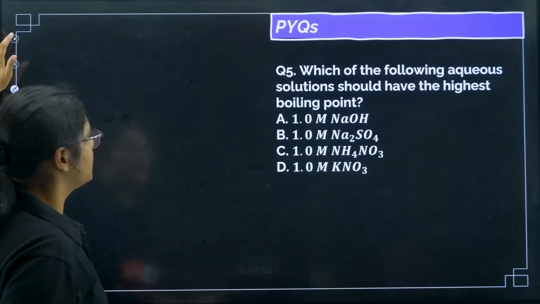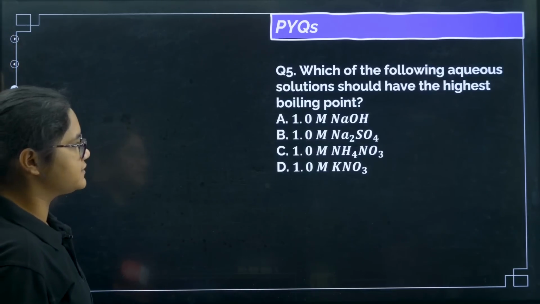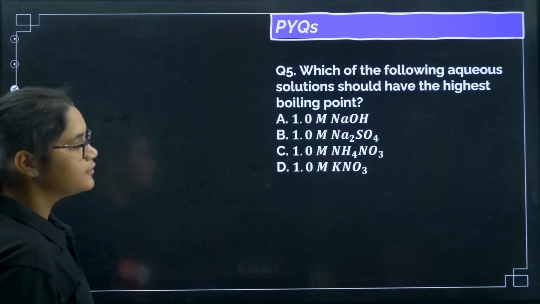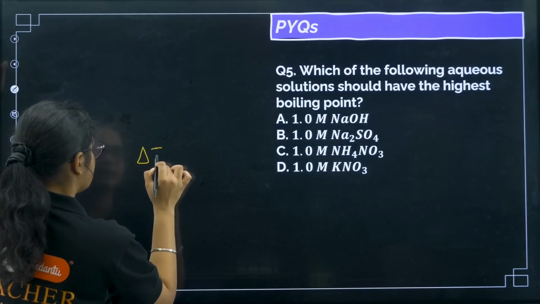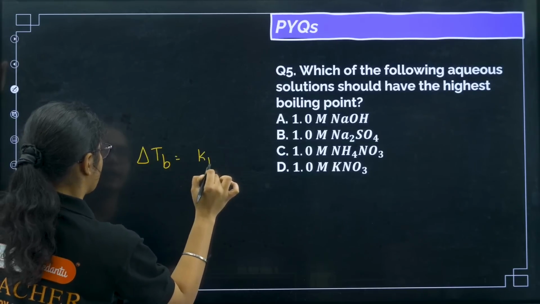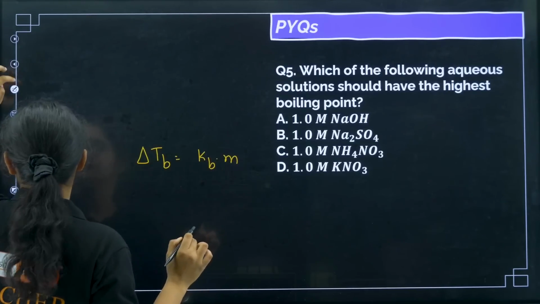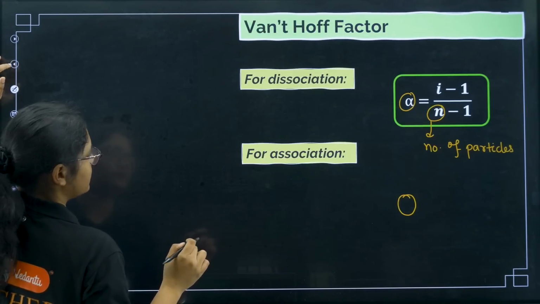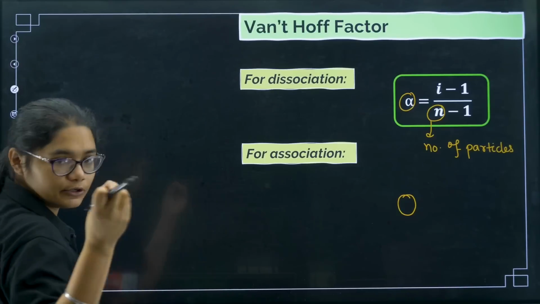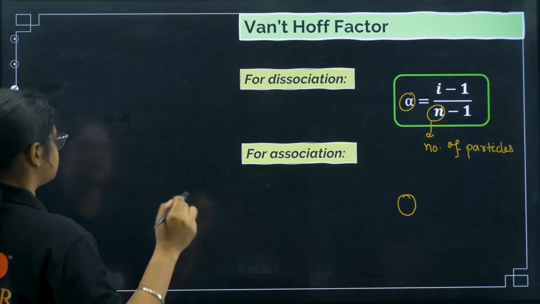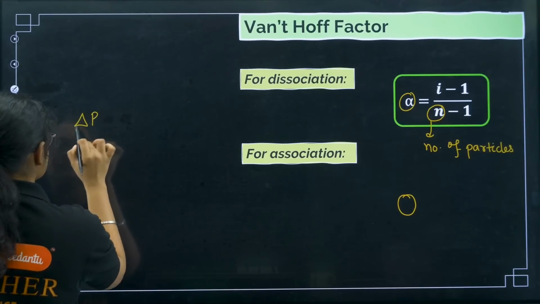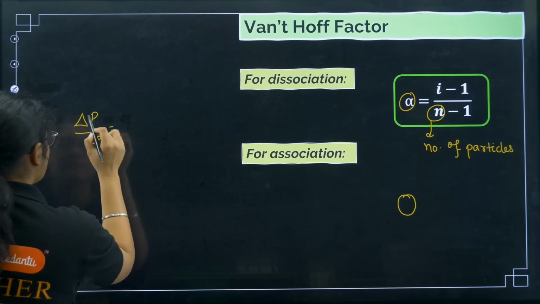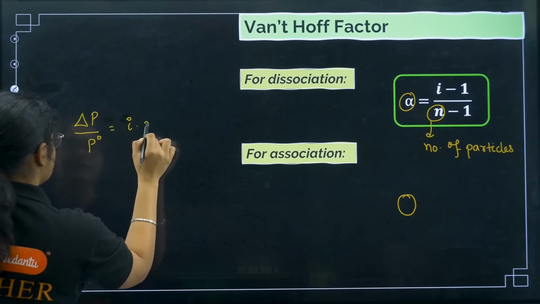Next, which of the following aqueous solutions have the highest boiling point? We know the boiling point elevation is delta Tb = Kb into m. But here I have to introduce that when the solute associates or dissociates, the colligative property is also written like this. Delta P by P naught is equal to i into XB.